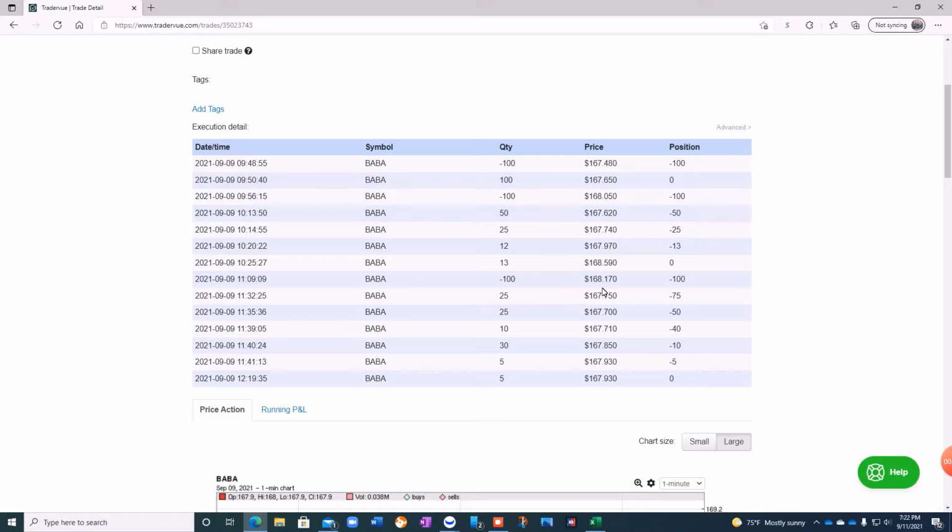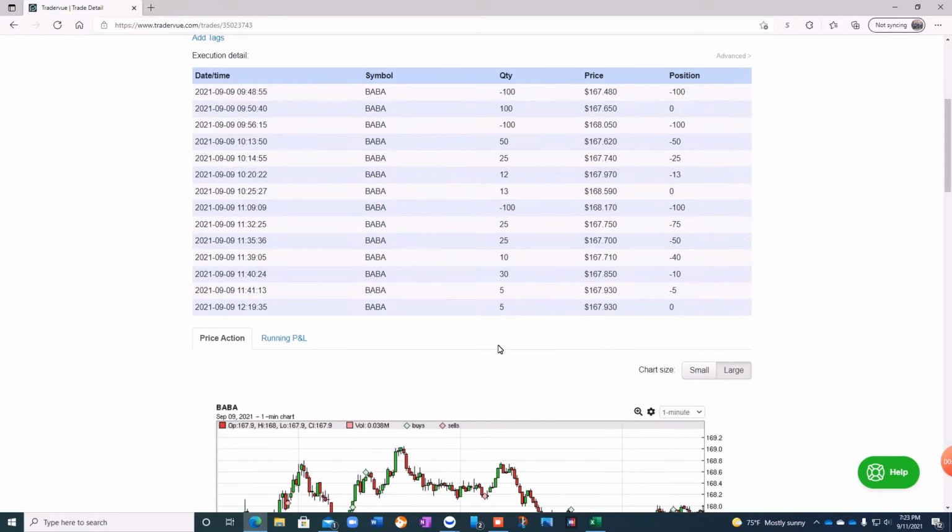Then I reshorted again at 168.17, bought a quarter at 167.75, bought another quarter at 167.70, 10, and 35 and 5.